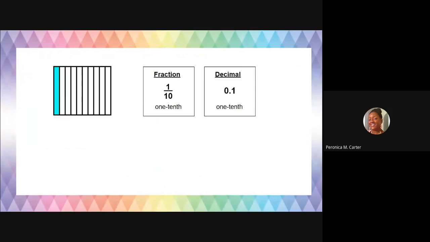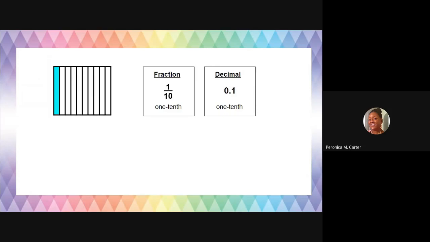So the shaded part represents one of the 10 parts. So if you're writing it as a fraction, you know how to do this. It's 1/10. But it also represents the decimal of 1/10. So they are equal to each other. 1/10 as a fraction is the same as 1/10 as a decimal.